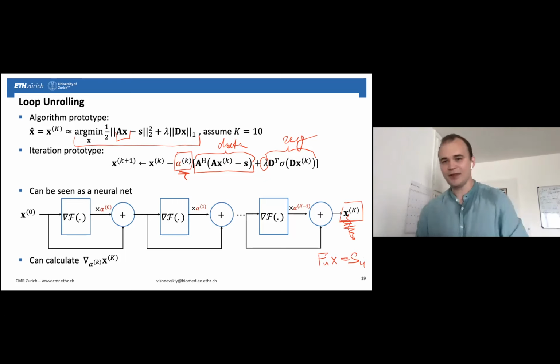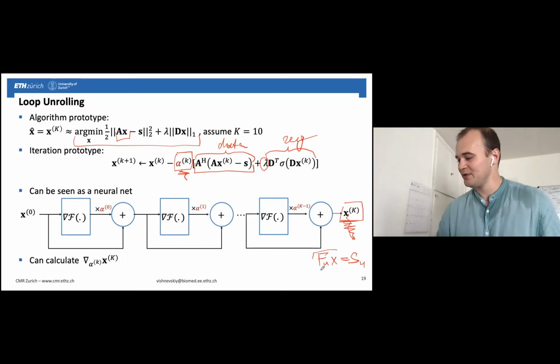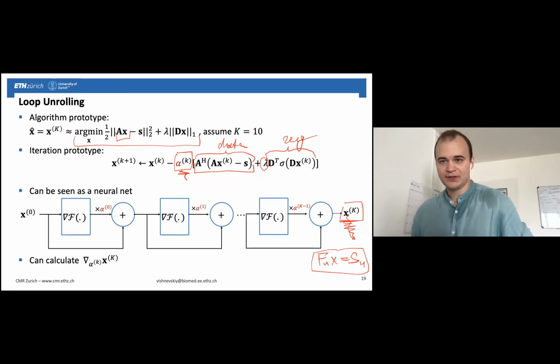This is an underdetermined system. It has infinitely many solutions. But among all those solutions, we might choose the one that is closest to the neural network estimate. If you project on these equality constraints, you will guarantee that at least you fully explain the samples that you actually acquired.